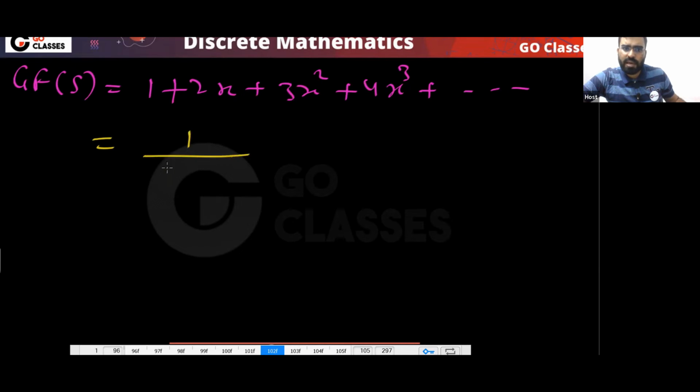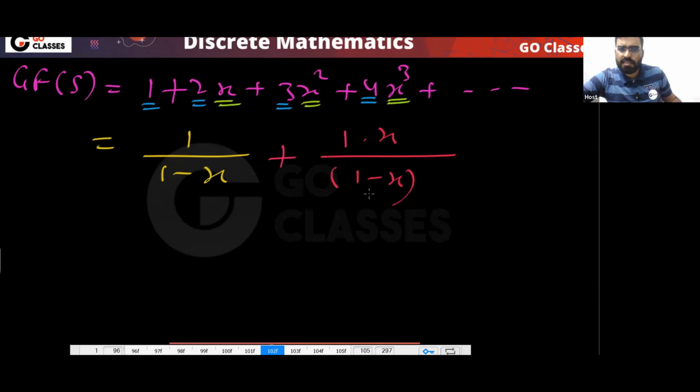So the answer will be a upon 1 minus r, where the common ratio is x, because this part is your GP and this part is your AP. Finally I can say plus d, where d is equal to 1, multiplied by dr divided by 1 minus x whole square. So the answer will be this.